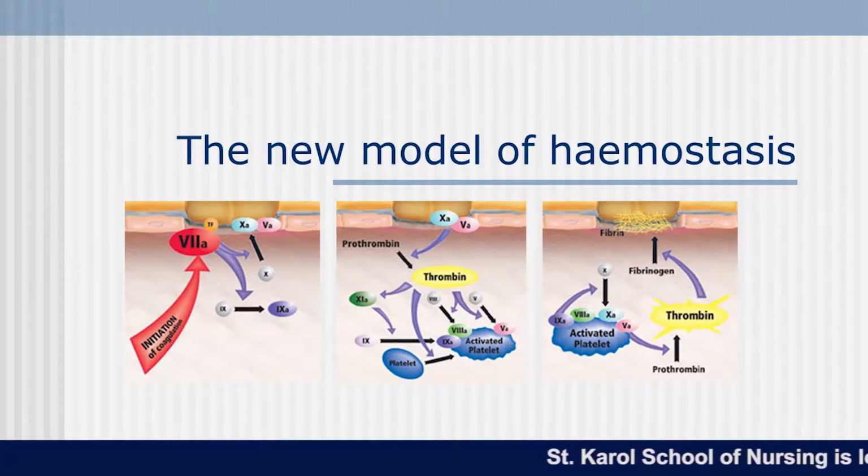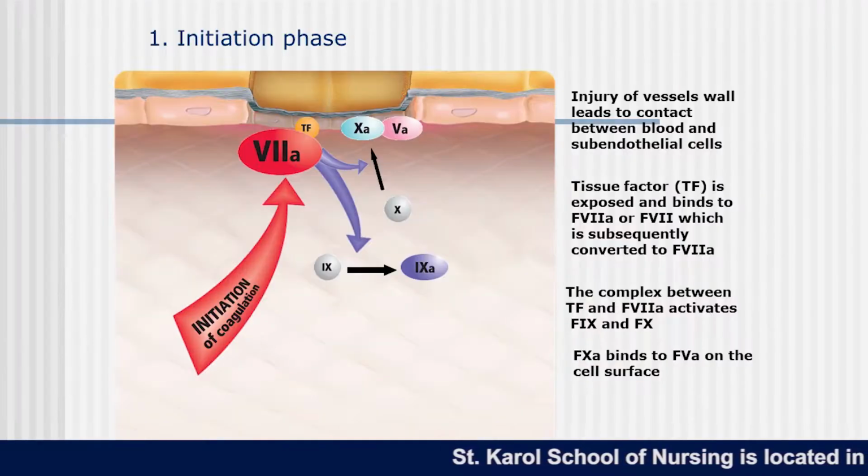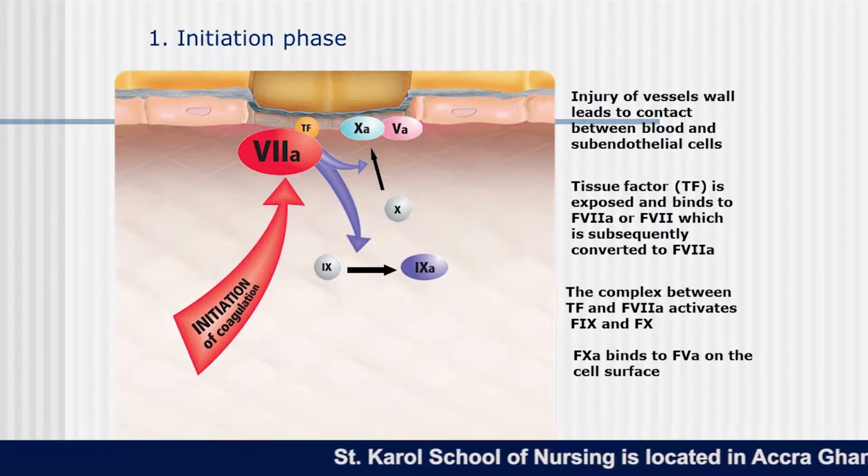The new model for hemostasis, we have looking at 3 ways of it happening. The first stage is called the initiation stage. The injury of the vessel wall leads to contact between blood and the subendothelial cells.